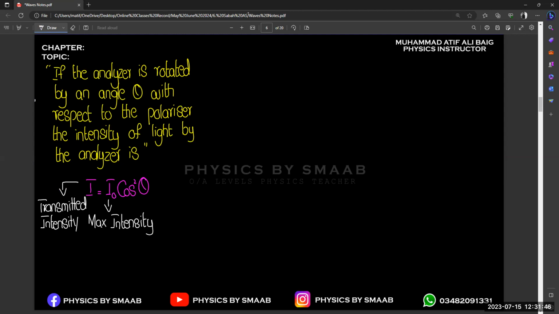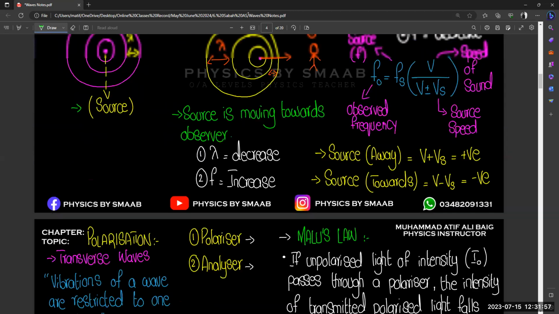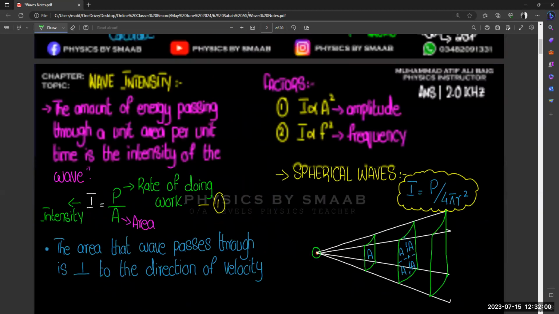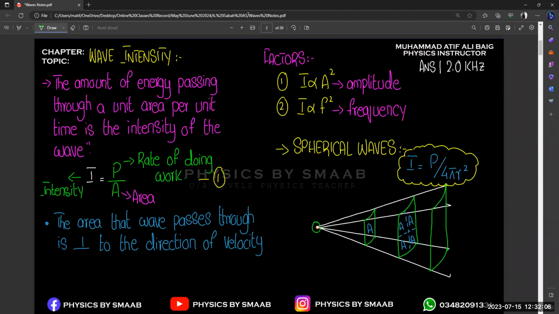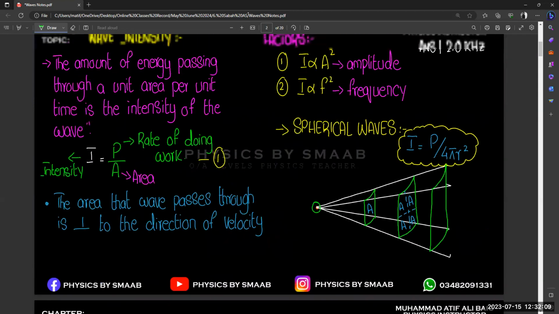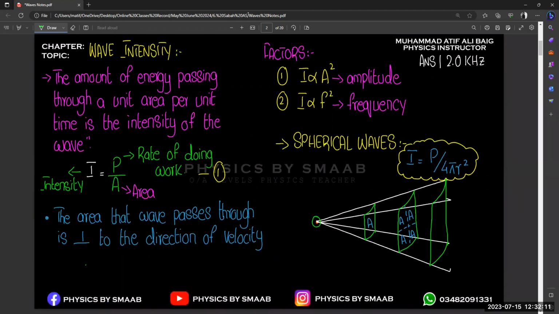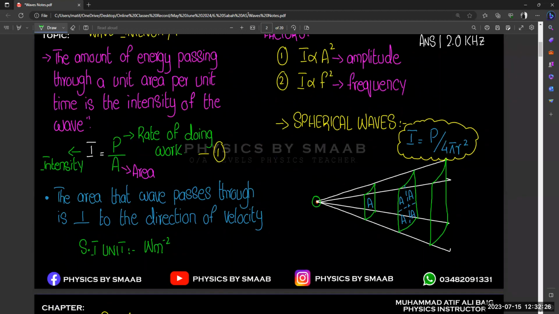And if we want to talk about the SI unit, we didn't mention the SI unit of intensity. Basically, we know the SI unit for power is watt, and the area is meter square, so watt per meter square is the SI unit.